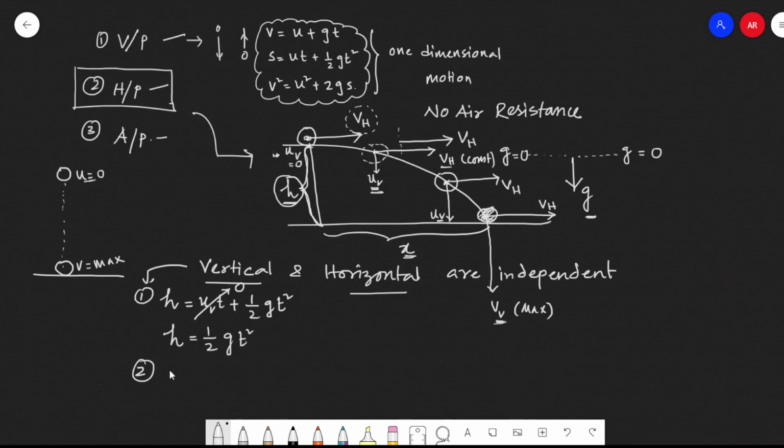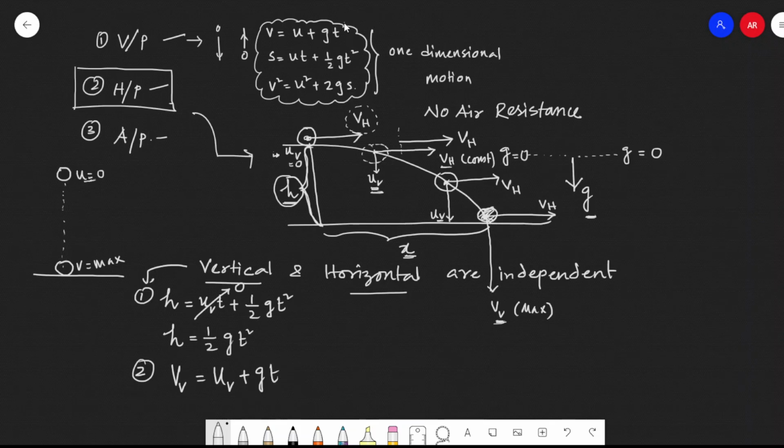So number 2 is the vertical quantities. How are these vertical quantities going to be used in this vertical motion? So this is another equation. The final vertical velocity is the initial vertical velocity plus gt.